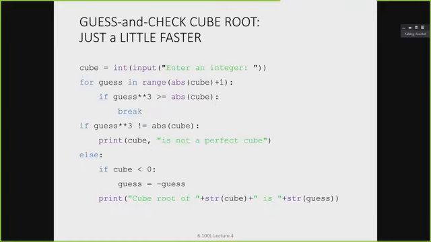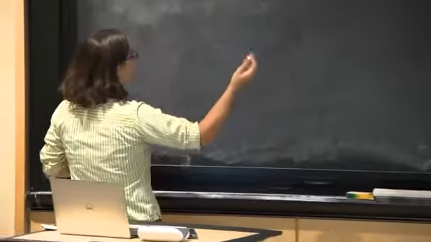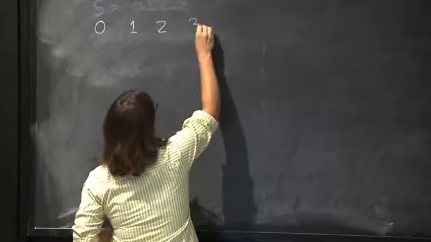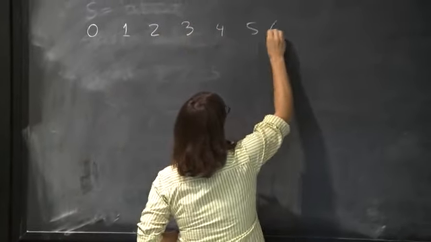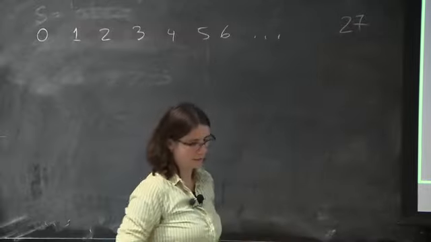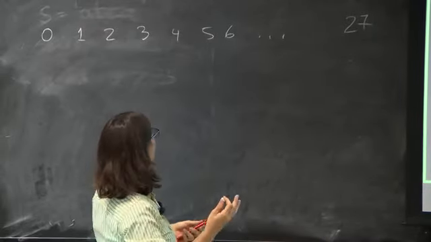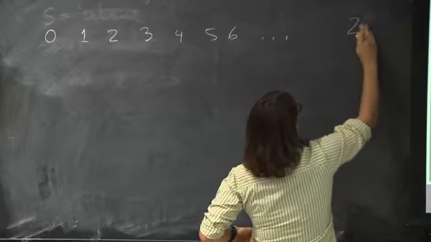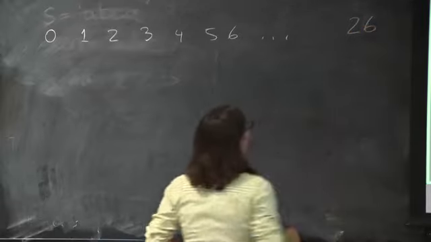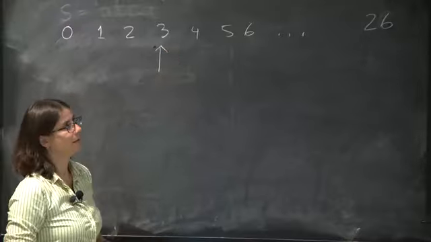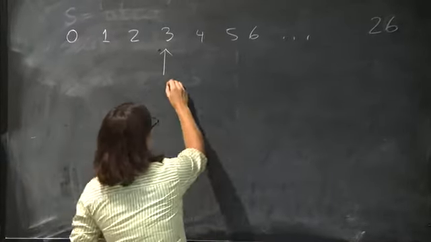Okay, so we can actually make this code a little bit faster because, for example, when we're checking the cube root of 27, the numbers we're checking are 0, 1, 2, 3, 4, 5, 6 in our for loop all the way up to 27. Right? But we can recognize the fact that when we hit 3, the guess cubed is actually 27.